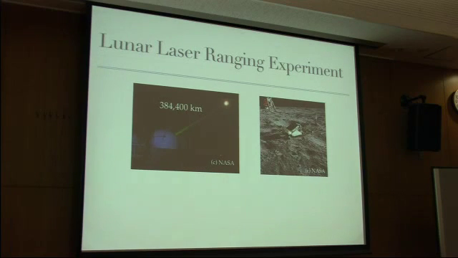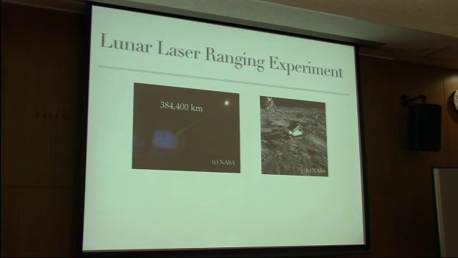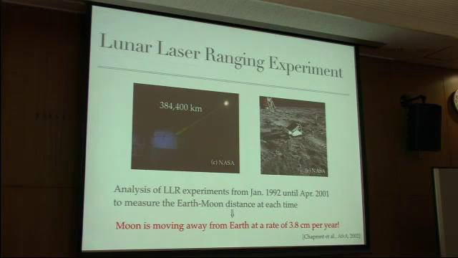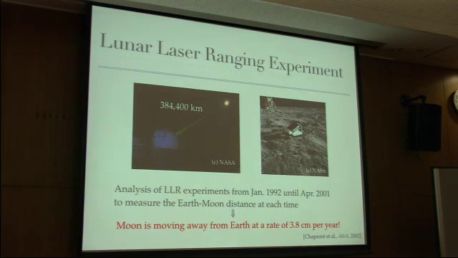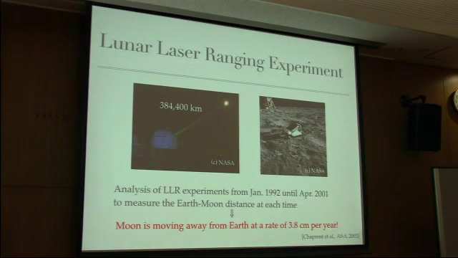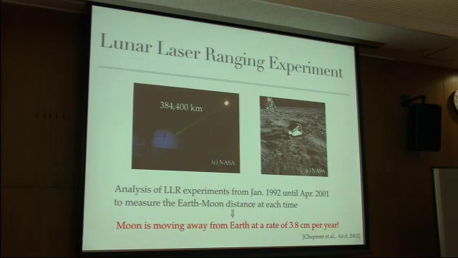But they also found a more surprising fact later. They analyzed the data from the LLR experiments from January 1992 until April 2001 to measure the Earth-Moon distance at each time. Then they compared the results with each other.